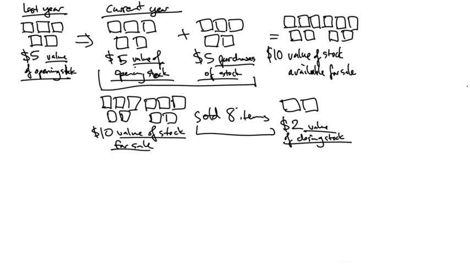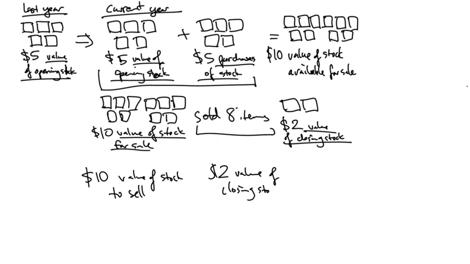Well, if he had $10 value of stock to sell, and had $2 value of closing stock, this is the costs of the items that he bought in. Well, if you subtract the second from the first, you'll have $8 value of items sold.